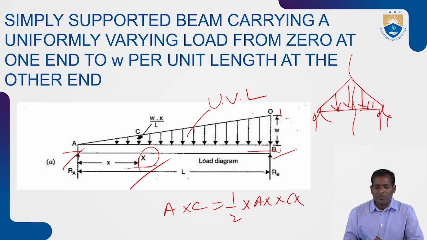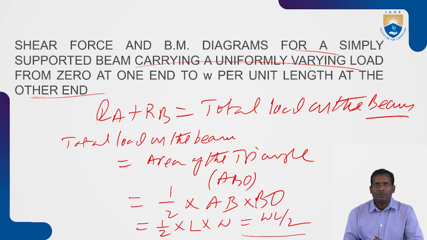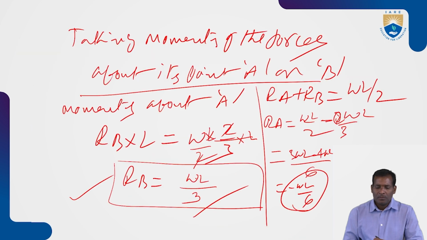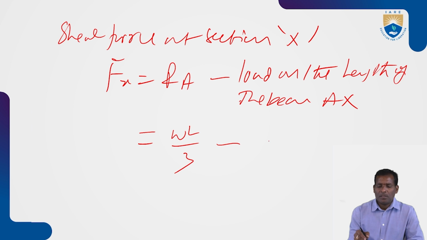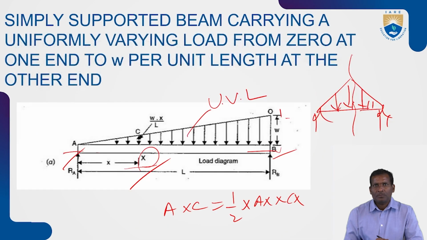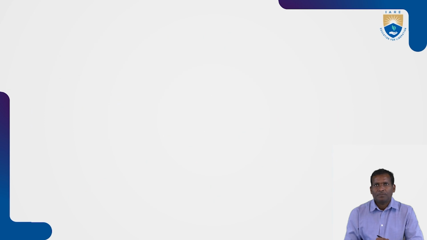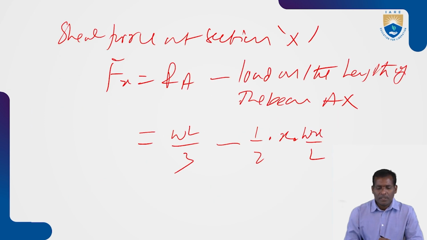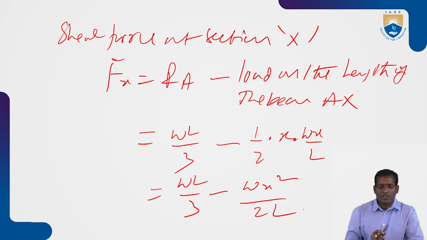AX is equal to X and CX is WX by L. So the load on the beam length AX is equal to the area of AXC, which is half into AX, that is X, multiplied with CX, that is WX by L. So now we get WL by 3 minus WX square by 2L. So this is the shear force equation.